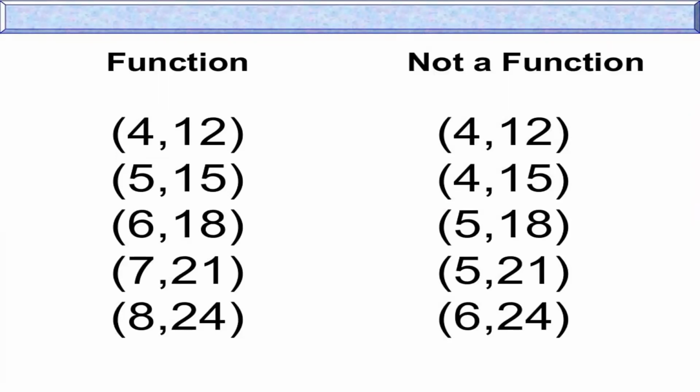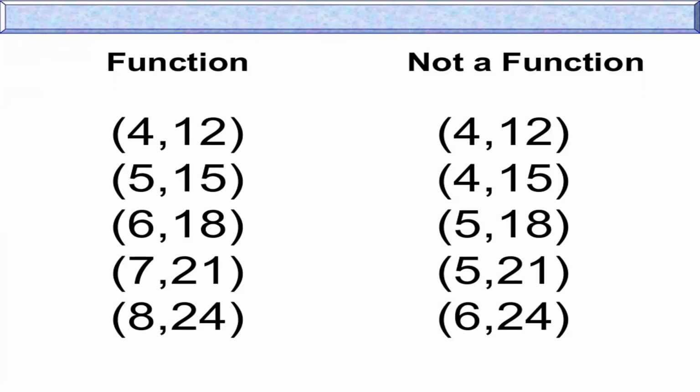Another example: how to identify a function in just one look, in the given set of ordered pairs. As you observe, a function has the domain, or the x, appear only once. Now we have 4, 5, 6, 7, 8. Not a function if you have a repeated domain, such as 4, 12; 4, 15; 5, 18; 5, 21; 6, 24.